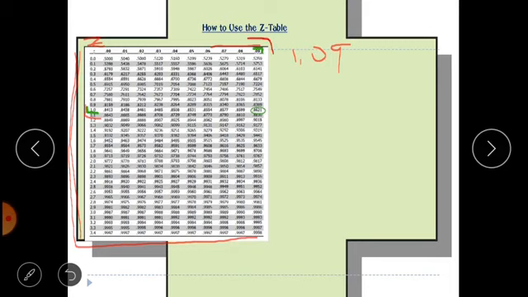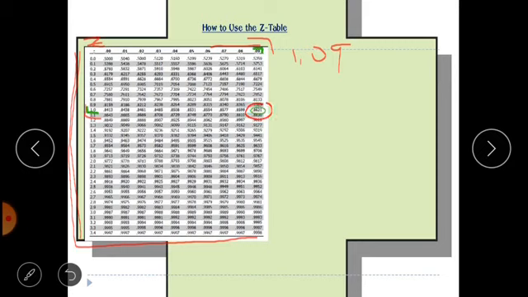Yan. So, yung corresponding area nung ating 0.09 is 0.8621. Ito siya. Ayan. Sa tapat ng 1.0.